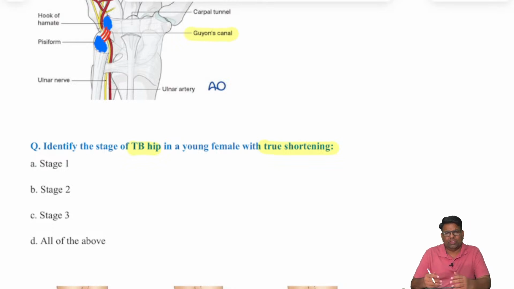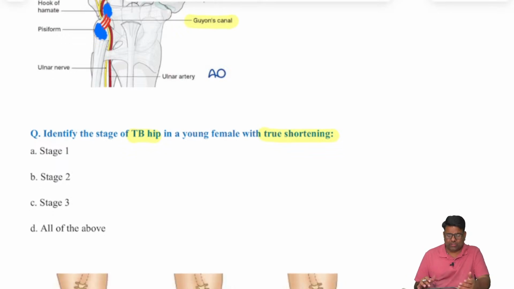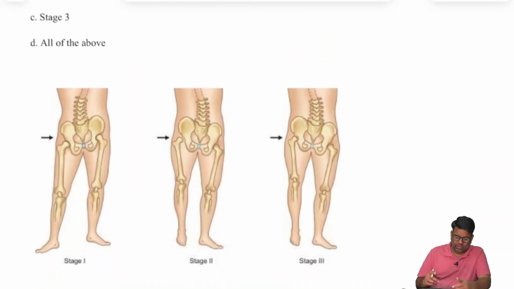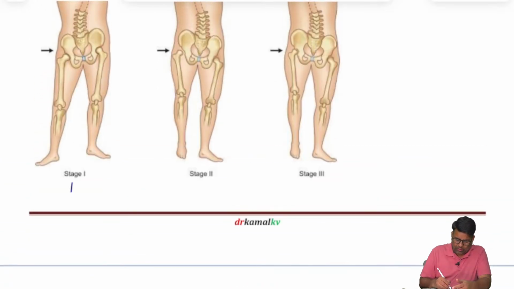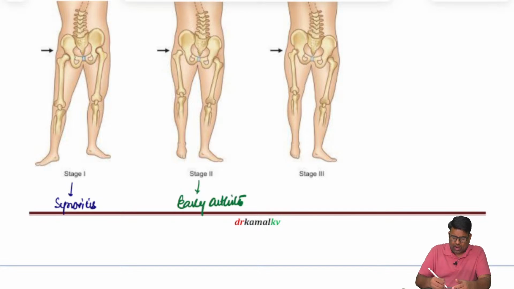There are three stages: stage of synovitis, early arthritis, and advanced arthritis. Stage 2 is early arthritis, and stage 3 is advanced arthritis.